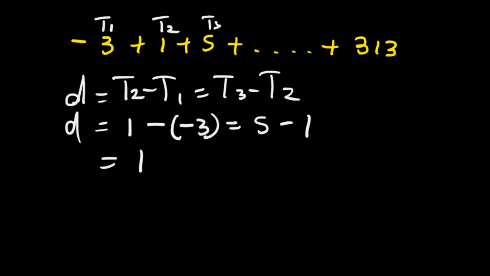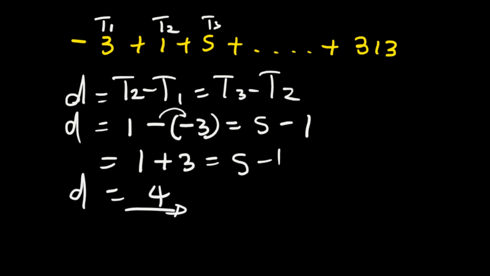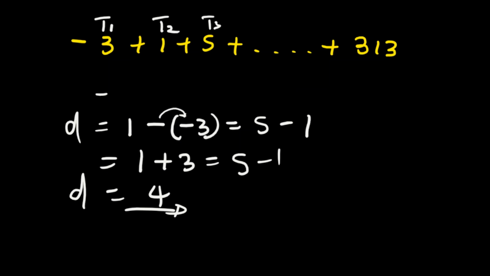So 1 plus 3, because this negative will multiply this negative, equals 5 minus 1, which is 4. So this means that the common difference of this series is 4.